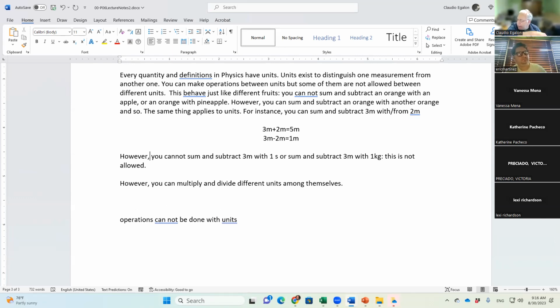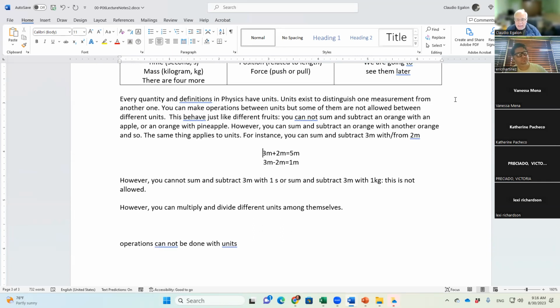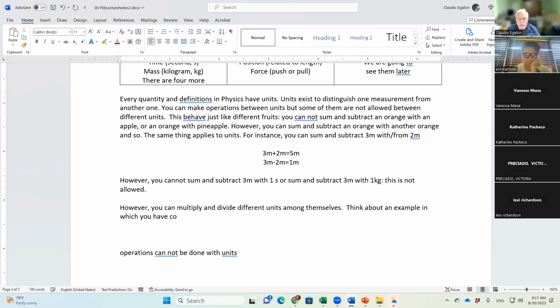Anybody can go ahead and type it in the chat box. Think about an example in which you have compounded units in your day-to-day life.